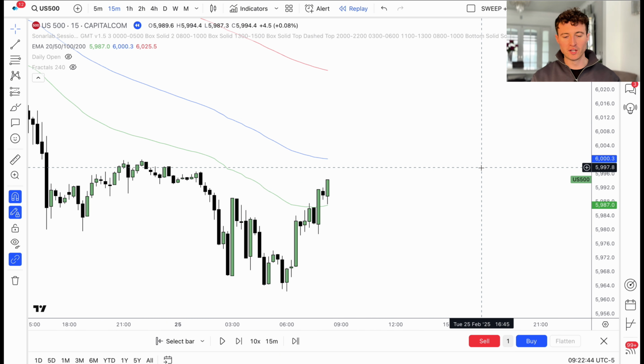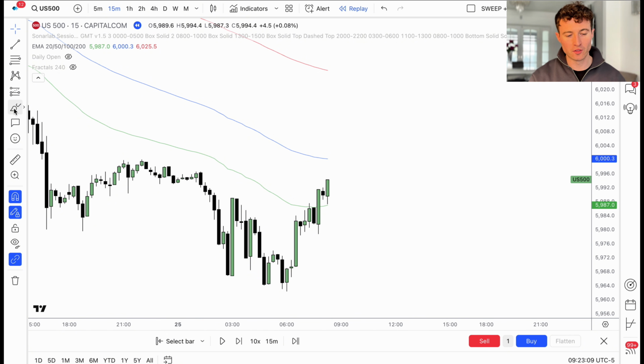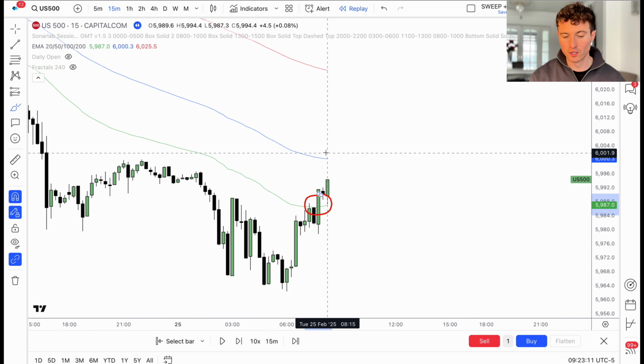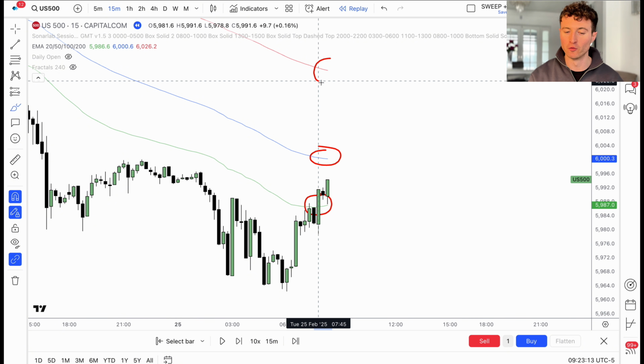So the first thing that you need to understand when you turn up to the markets is your directional bias. It's very simple to do this. And a lot of people use some very complicated ways involving daily charts, higher time frames. And to be honest, the most efficient way that I've found to do this is using the 15-minute time frame and using the 50, 100, and 200 exponential moving average.